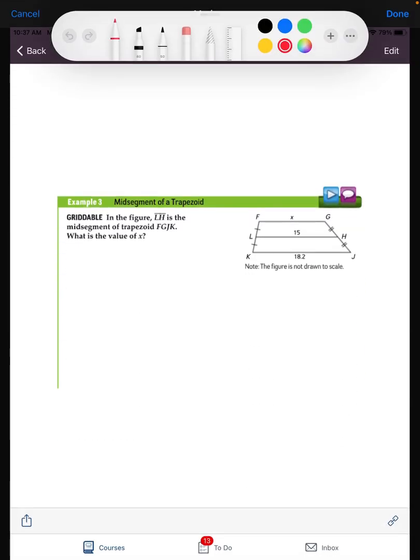So we know that if we add up our two bases, X plus 18.2, and divide by 2, we get the length of our mid-segment. So X plus 18.2 divided by 2 equals 15.